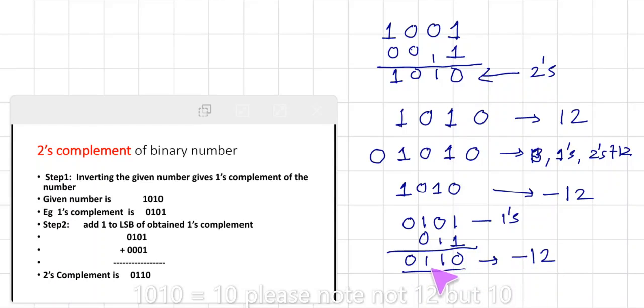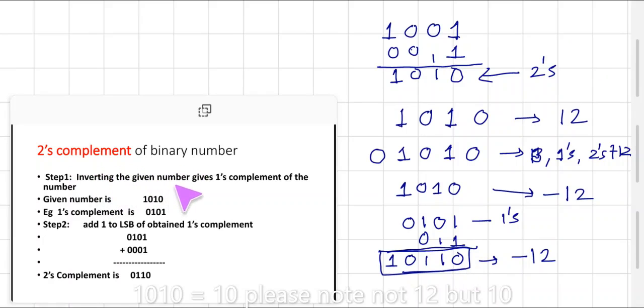But this is a magnitude. So if this number is a negative number, then we have to add a sign bit, that is 1. And now this number is giving us minus 12. This is another way of representing a negative number using the 2's complement method. As shown here, it is the 2's complement of a binary number.